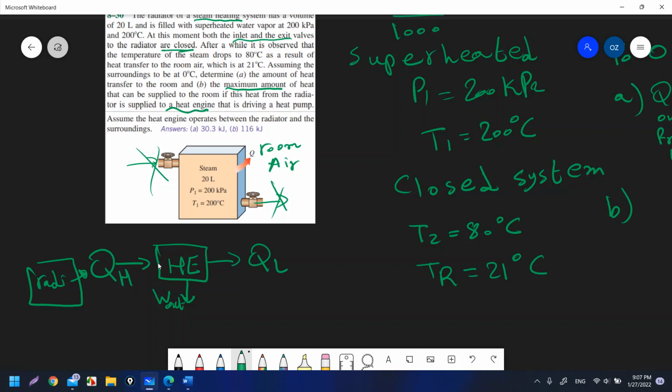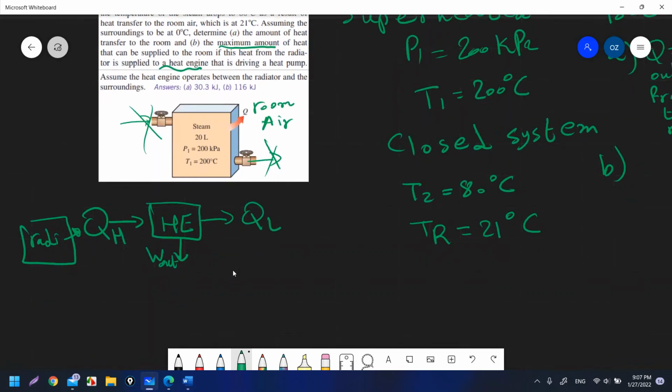He is saying that the heat engine is driving the heat pump, so the work out from the heat engine is the work in for the heat pump. Assume the heat engine operates between the radiator and the surrounding. So it is QL to the surrounding, and it is taking QH.